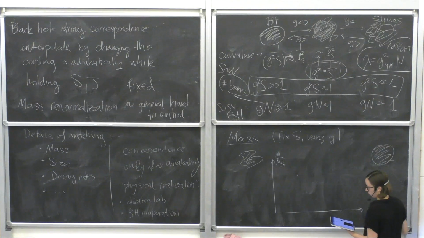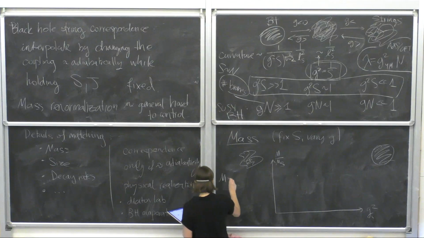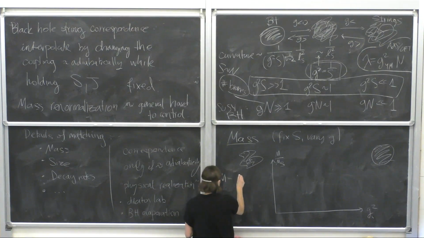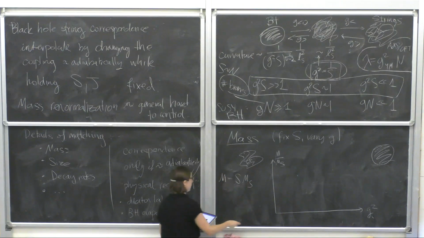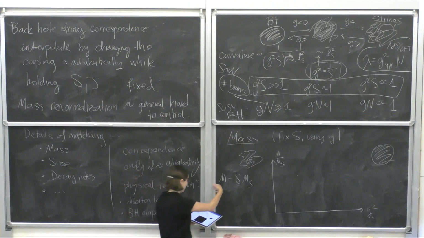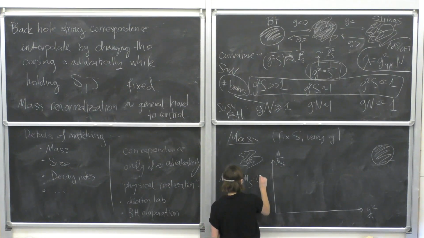For a string, we saw before how entropy and mass are related. The entropy is given by the mass in string length units, or if I put the string units on the other side, then we have a formula for the mass. And then there are subleading corrections.